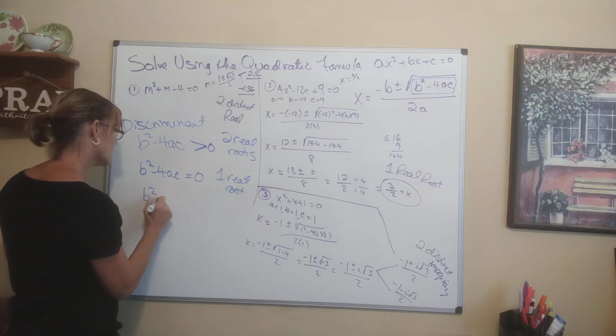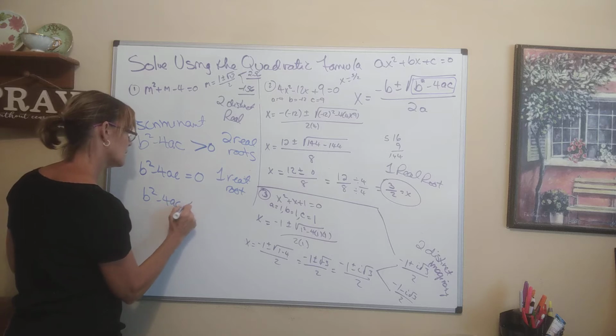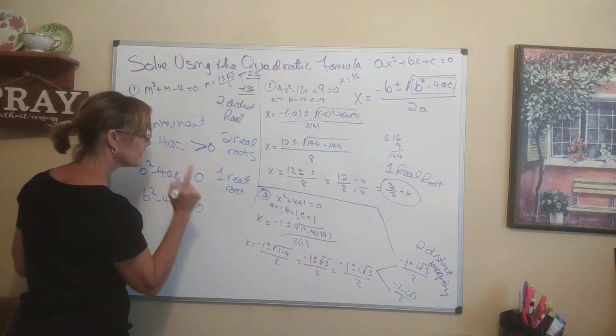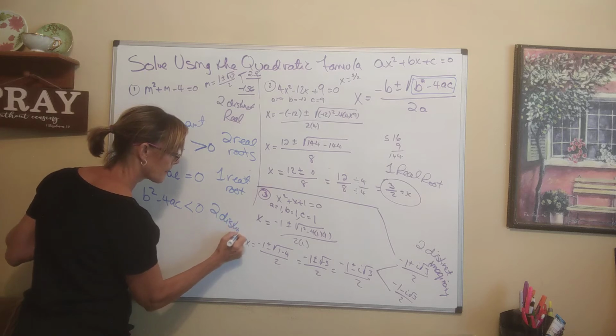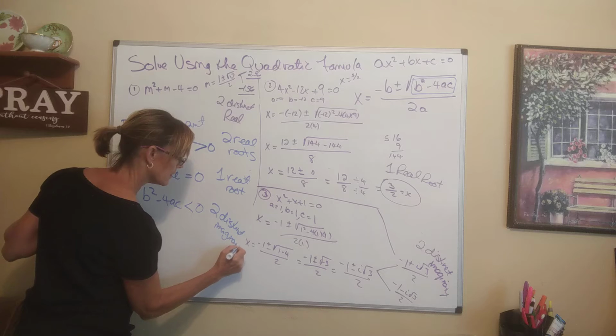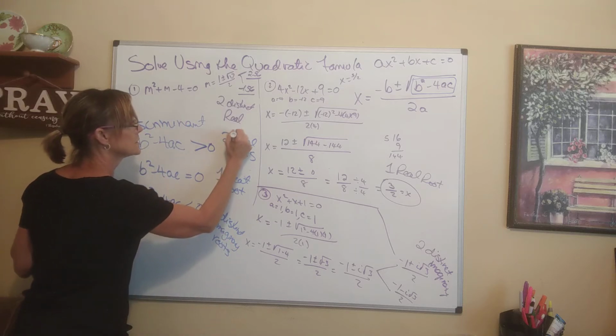If the discriminant is negative, you will get 2 distinct imaginary solutions or roots.